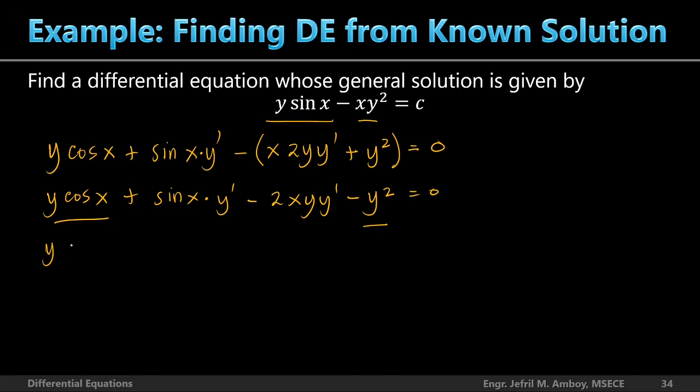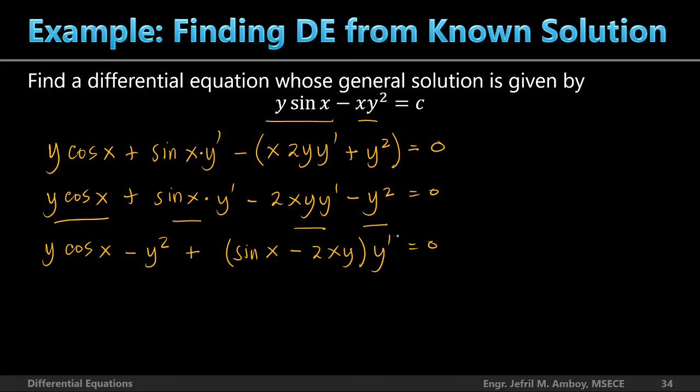So, y cosine x minus y squared and then plus. Let us combine all the terms with y prime. So, these are the two terms with y prime. So, I have the quantity sine of x minus 2xy, and then y prime equals 0. So actually, this could be a final answer, no? In derivative form. Okay? However, we can also express this in terms of the differential form.